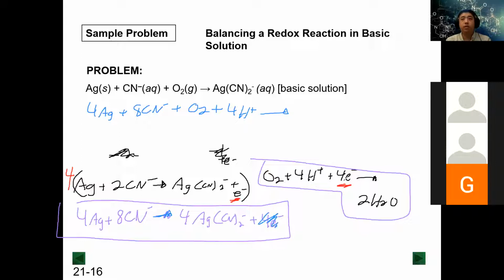So I can cancel out the electrons now because essentially it's the same on both sides. Okay. Any questions so far up to this step?